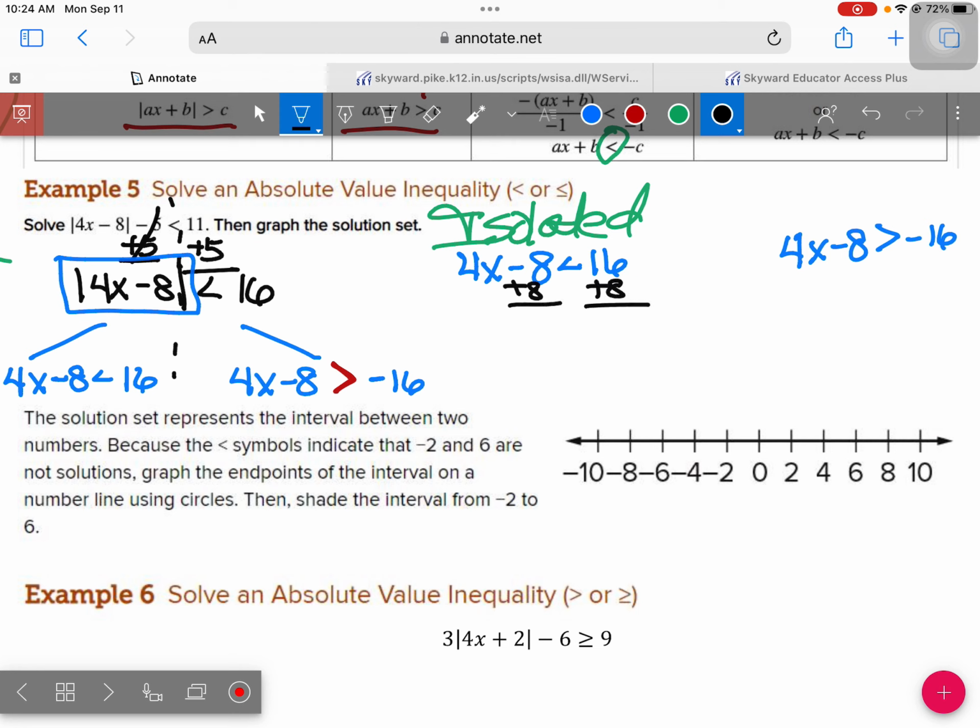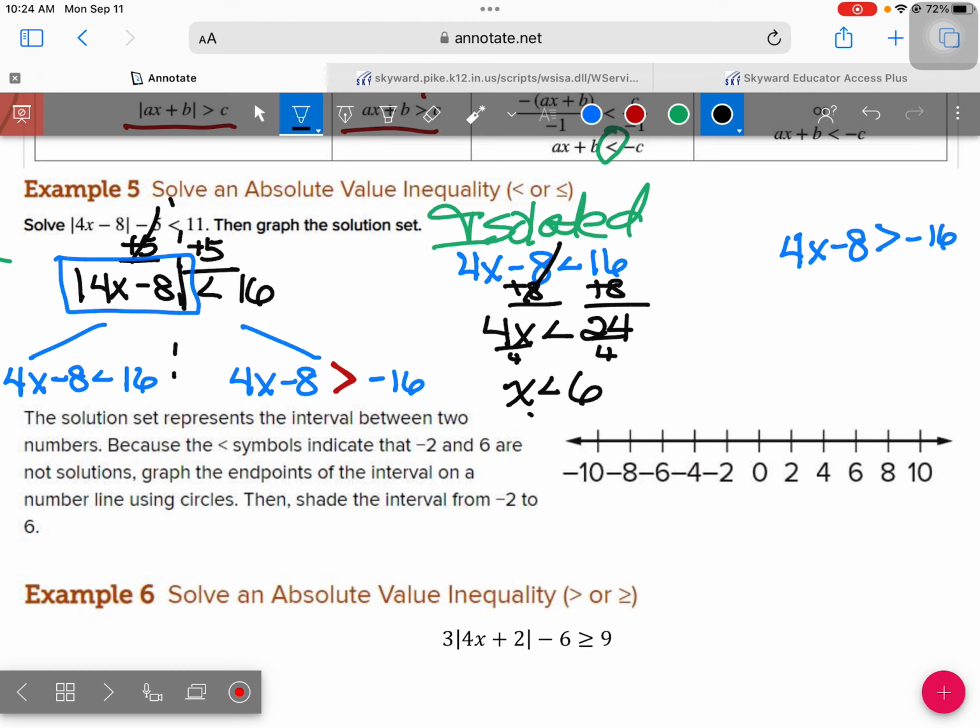So on the other side, I add 8, add 8. Again, get a calculator if you're not good with your positives and negatives. 4x is greater than negative 16 plus 8 gives you negative 8. Divide by 4, divide by 4.